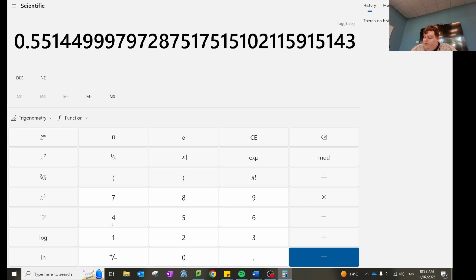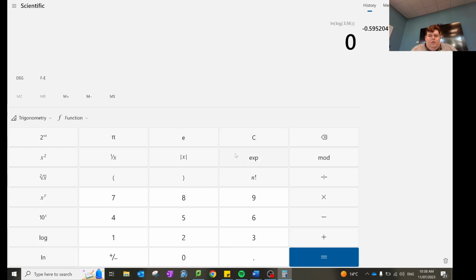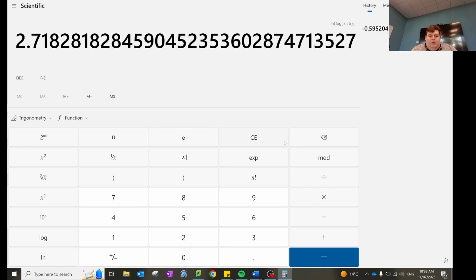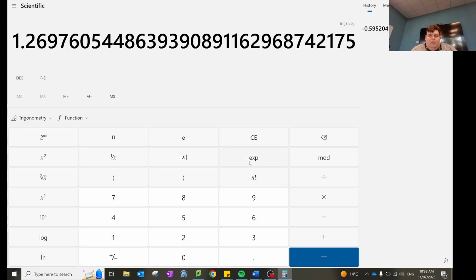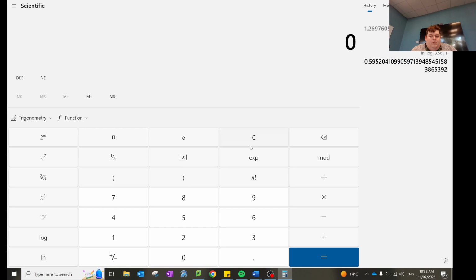It's log of 3.56. Okay, so that's not really how it works either. Yeah, just want to clear everything. I mean, there's probably an easier way to do it, right?